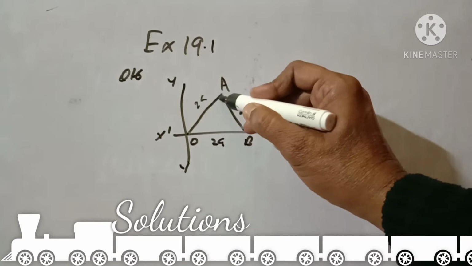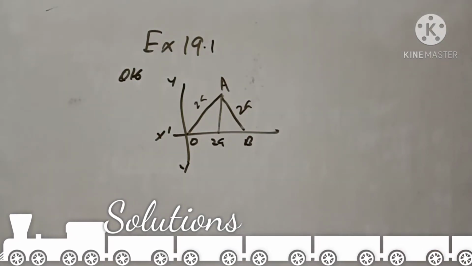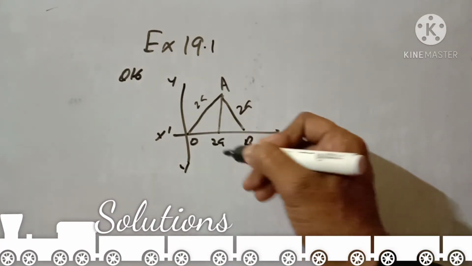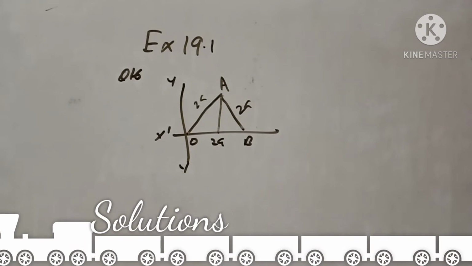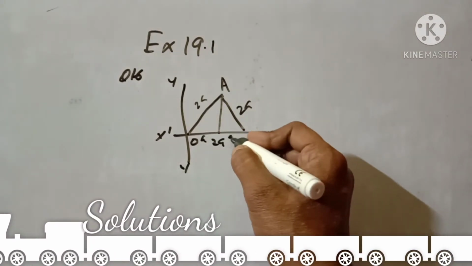Now draw a perpendicular line. If this is 2a, its coordinate will be a and 0 only. So this is a, this is also a.